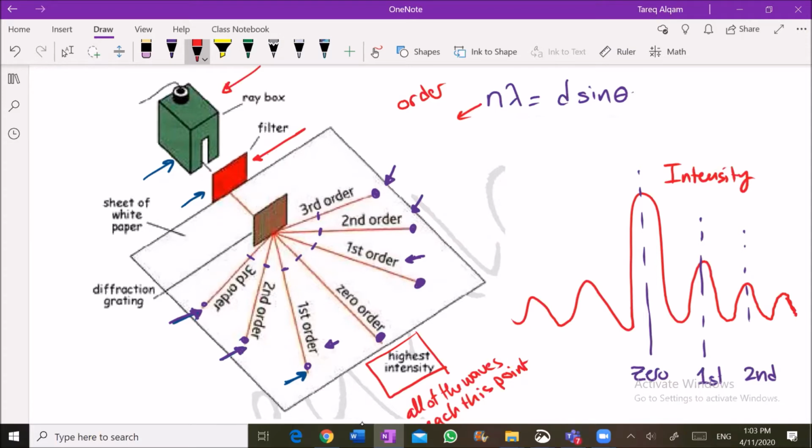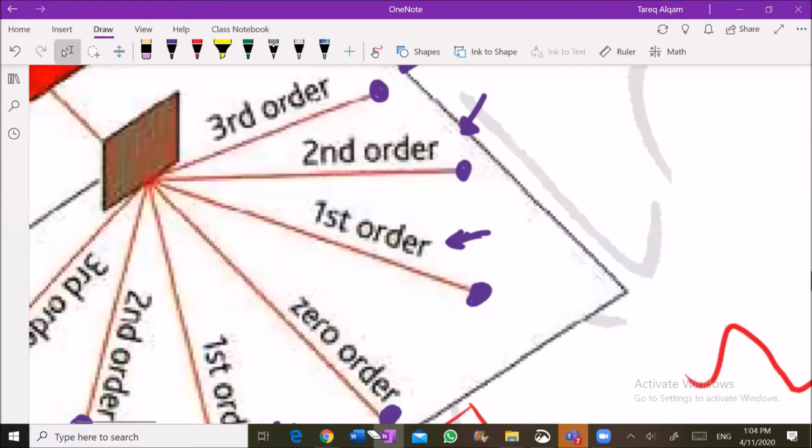As we mentioned before, d is the separation between the slits. Sine theta, look to this, guys. Please pay attention to this. This is theta for the first order. This is theta 1. It's the angle between the first order and the zero order.